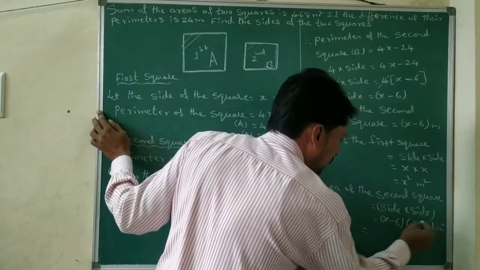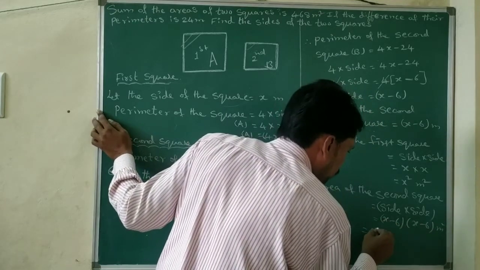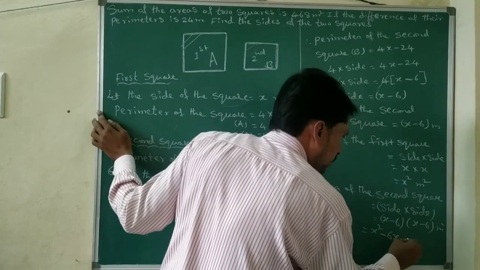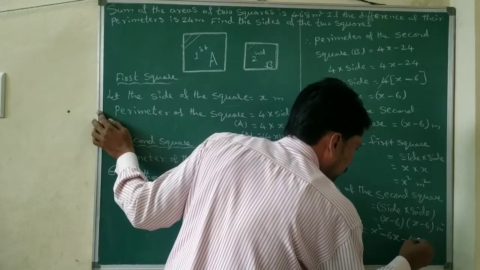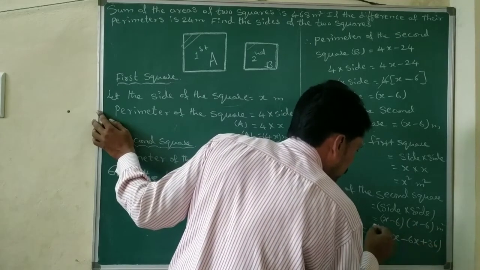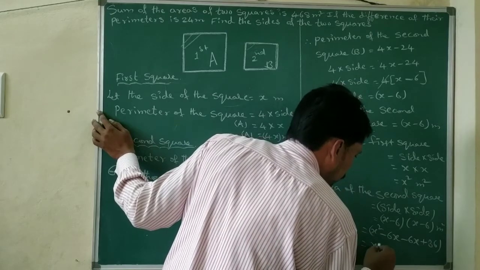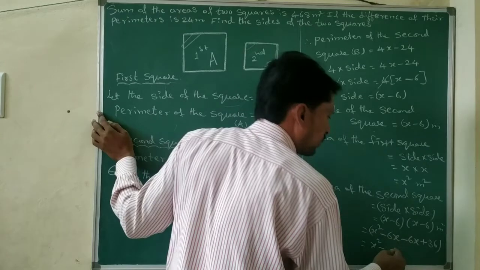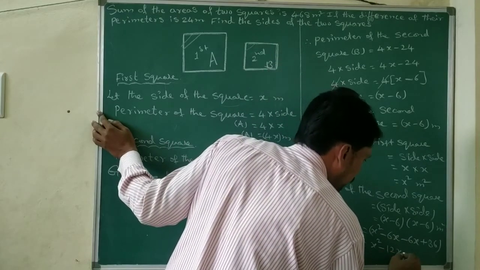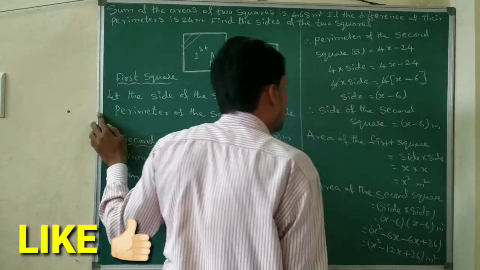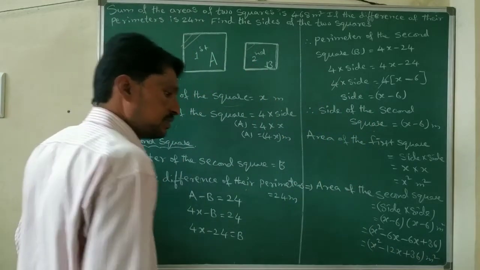So here you can expand: x into x, x square, minus x into 6, 6x, minus 6 into x, 6x, minus into minus plus 6 is 36. That equals x square minus 6x minus 6x, that is minus 12x plus 36 meter square. Now I will clean here and I will write.